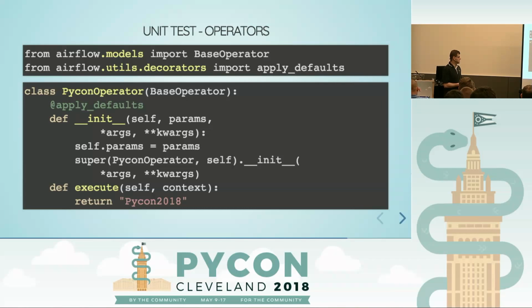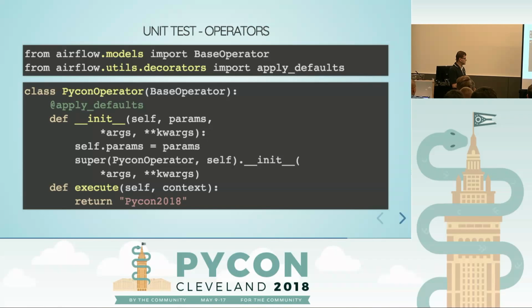So this is exactly what this decorator does. It takes the default args that are passed from the DAGs, and it applies them to your custom operator when you initialize it, but it only does it to the arguments that were not passed in explicitly when you were instantiating the task inside of the DAG.